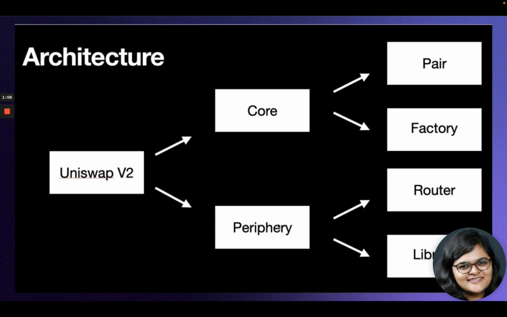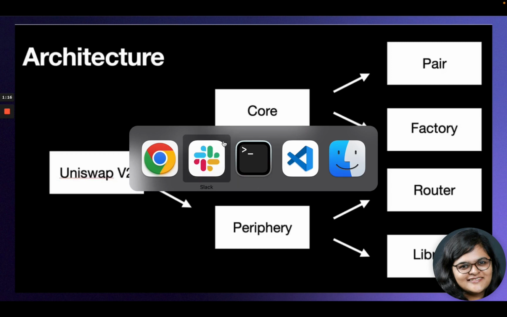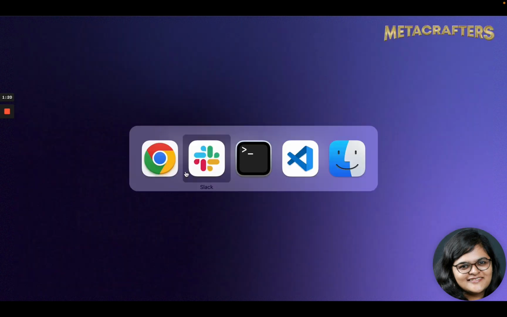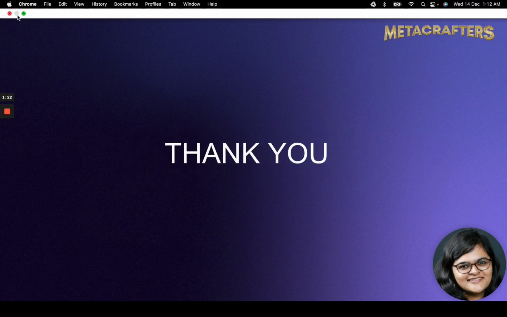The periphery, as the name suggests, closely interacts with the contracts of core and has router and library contracts within this. Without further ado, let's go and explore the GitHub repo for the Uniswap v2 contracts.